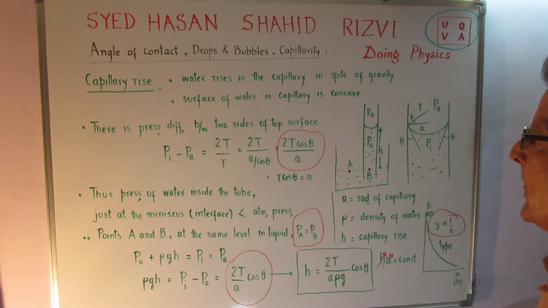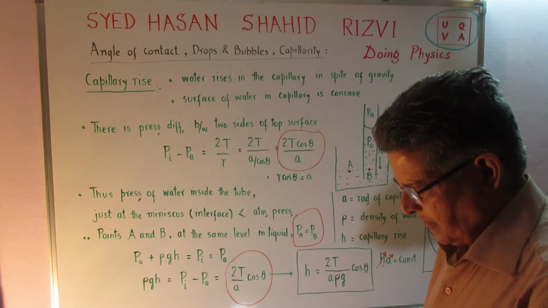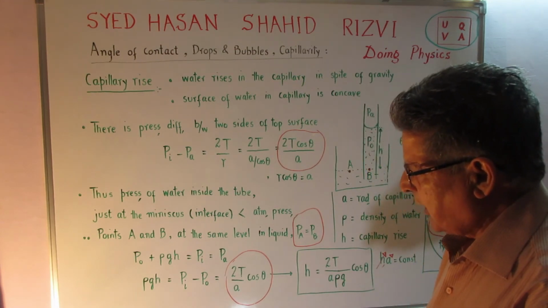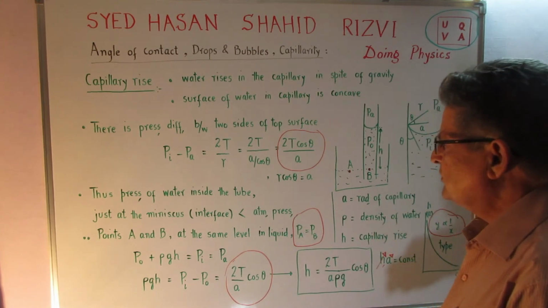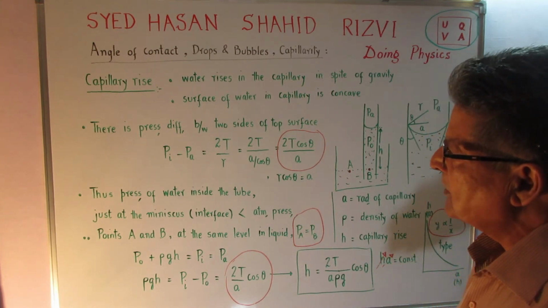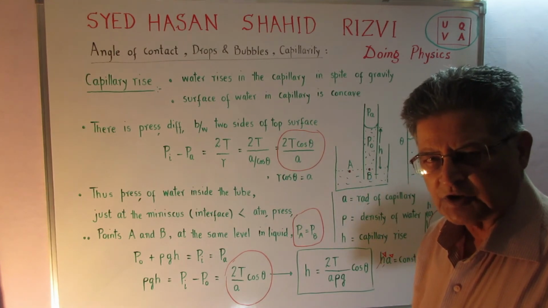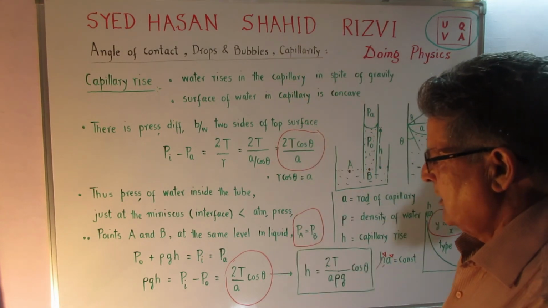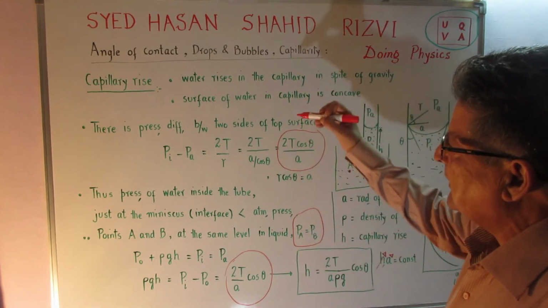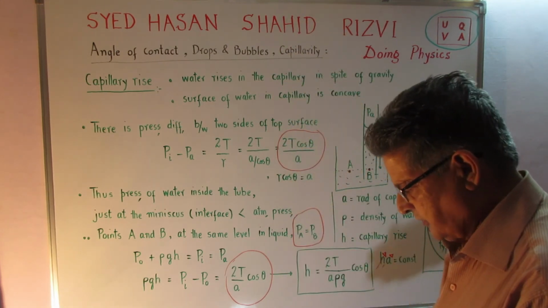So if A is low, then H is high, and if A is more, then H of course is very small. So this is about the phenomenon of capillarity, which takes into account the concerns of drops and bubbles, which needs the angle of contact between the surfaces, which we have discussed here, and of course who is responsible for this capillary rise, or capillary fall in the case of mercury, for example?